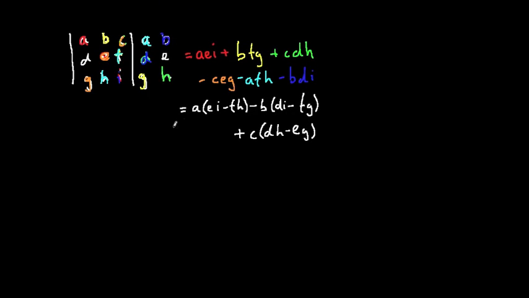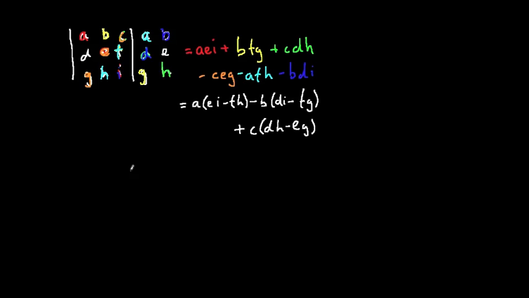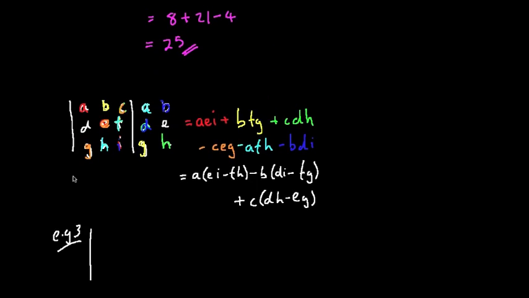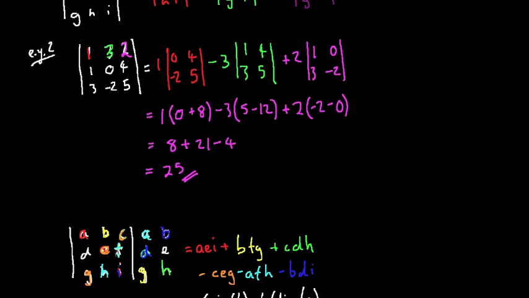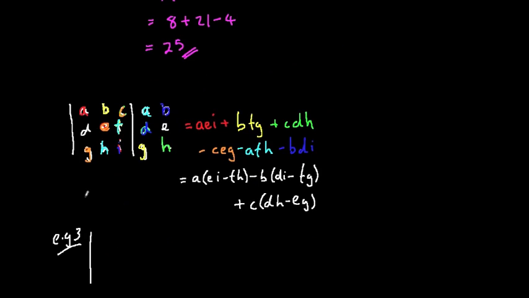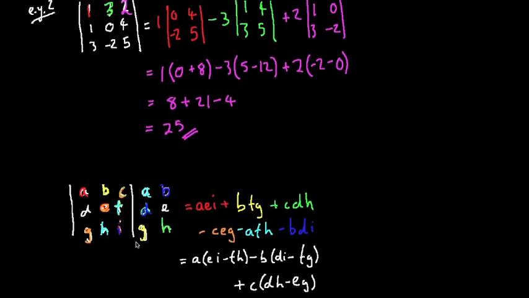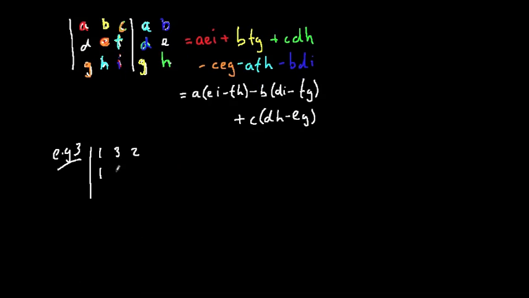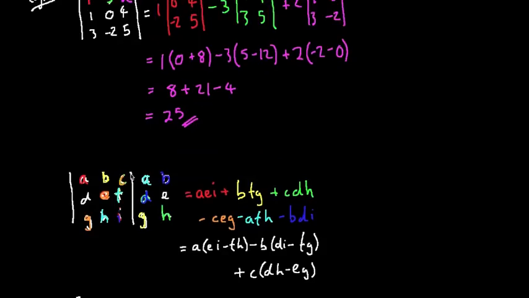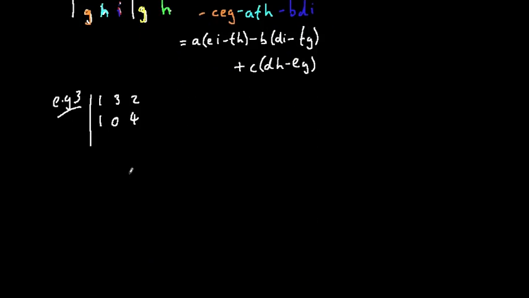So let's have a look at an example showing this. Right, so this is the third example. Actually, I use the same values which I did previously, so just got to remember those. So 1, 3, 2, down here, 1, 3, 2, 1, 0, 4, and finally 3, minus 2 and 5.